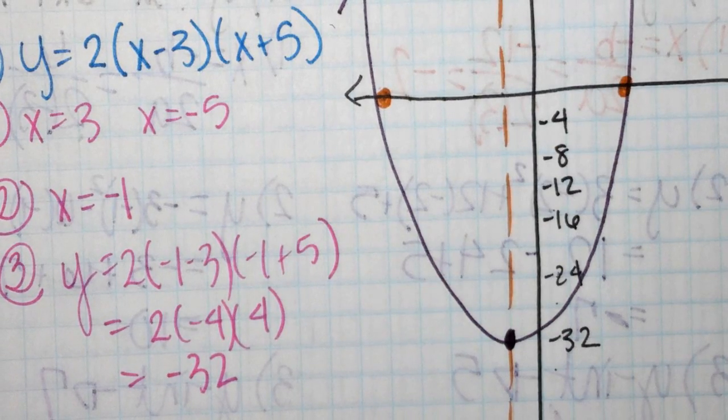Do we need to do one more? No. I think I got it. Does anybody need one more just to be safe? How about I teach you how to factor it and then we can graph it again in intercept form? Well, we know how to.